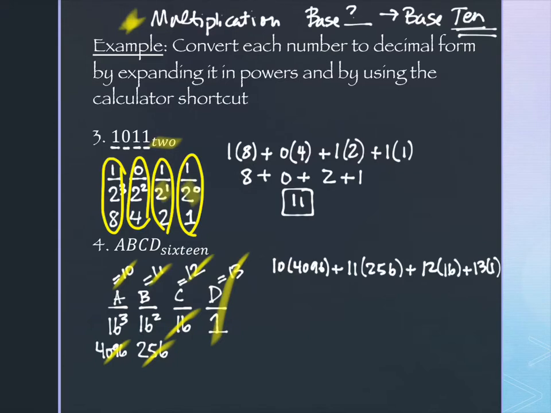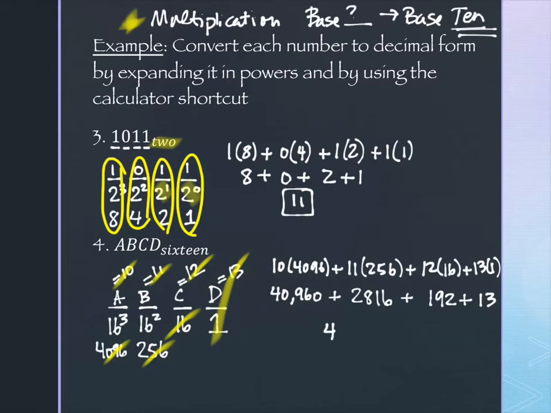So 10 times 4096 would be 40,960. 11 times 256 is 2816. 12 times 16 is 192, and then at the end I have 13. We would add them all together.